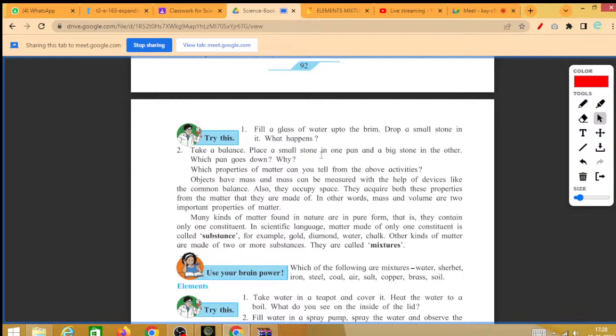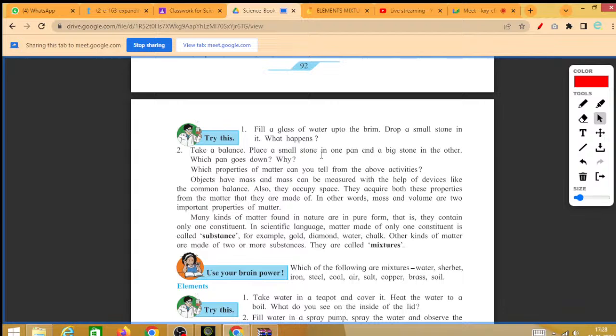This is the brim. Answer, what happens. If you drop a small stone in it, the water will spill. Very good.